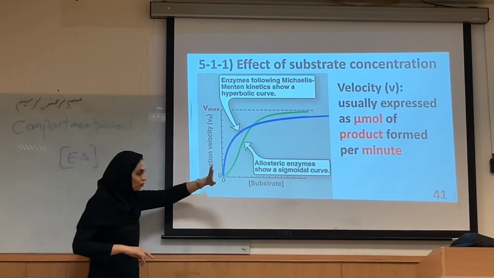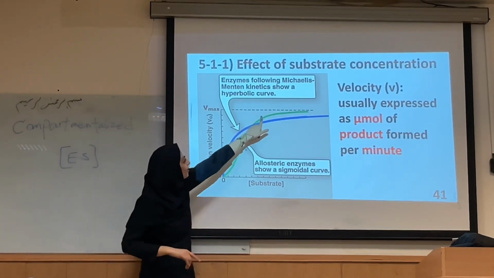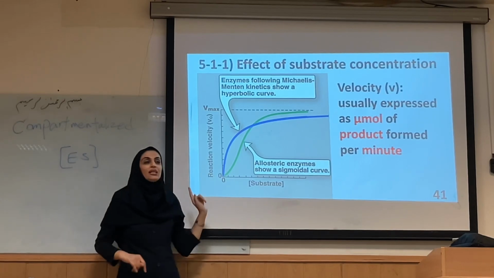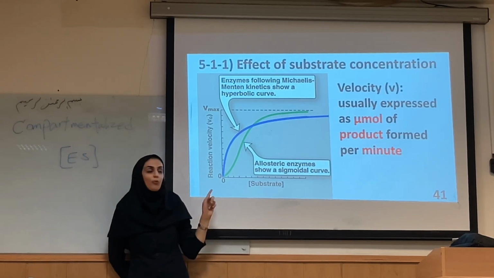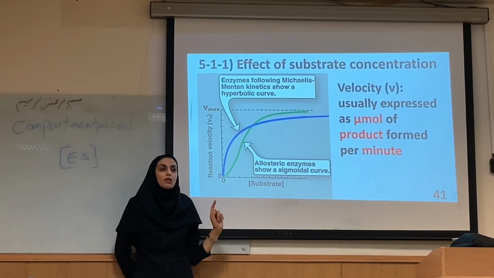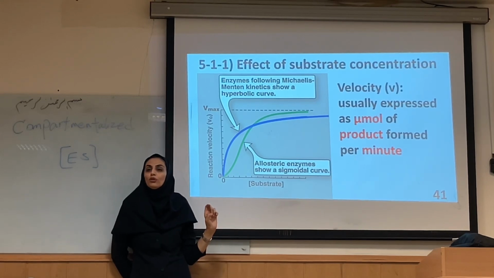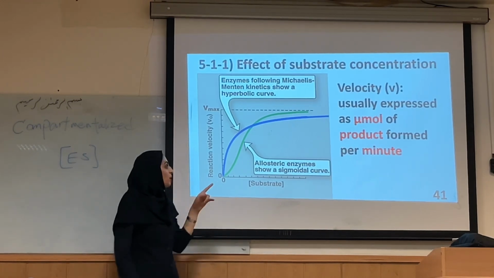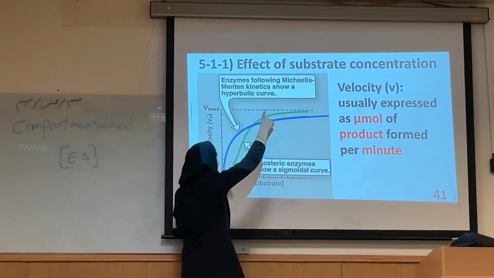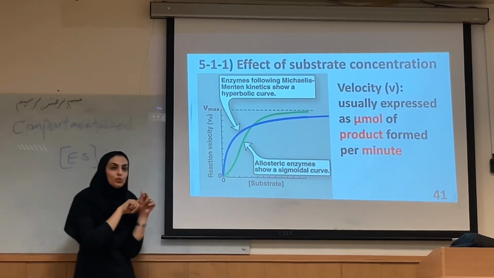Guys, do you remember that this sigmoid shape was related to what property of allosteric enzymes? Yesterday I told you. The partial pressure of oxygen. This was related to hemoglobin.